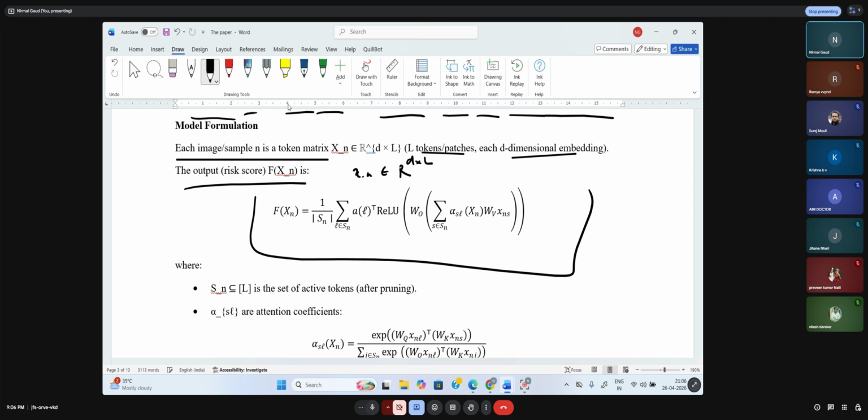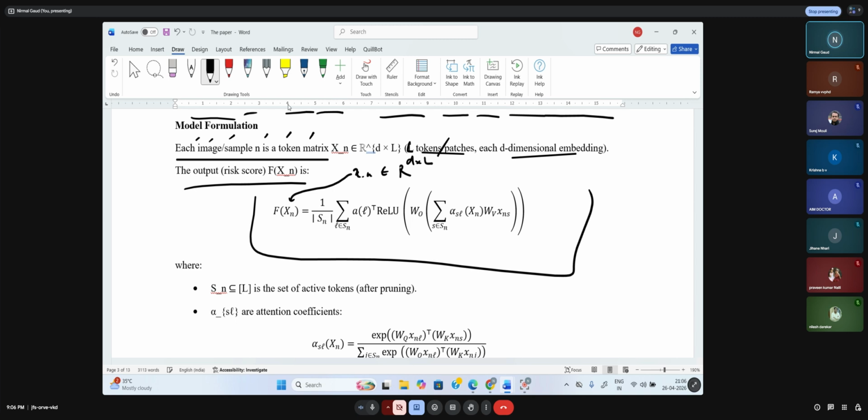Okay, f of xn, if you put this. So what we are doing: each image is a token matrix. And what they are saying is tokens per patch. How many tokens can we make per patch?